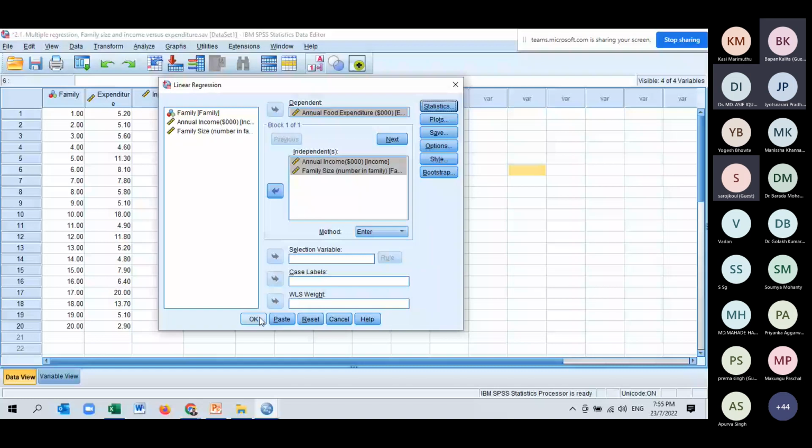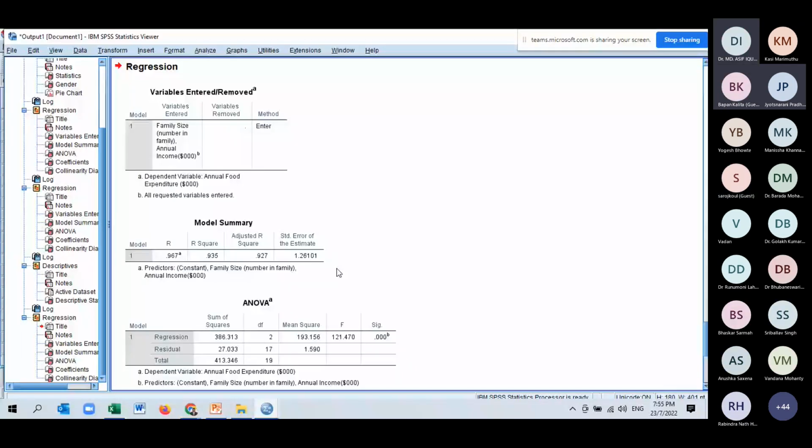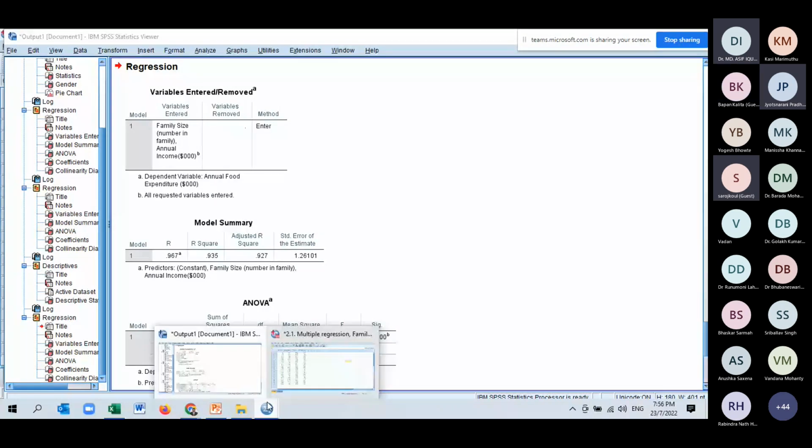Sir, can I ask one question? Yes, please. In this case, we have taken 2 independent variables and 1 dependent variable. Yesterday we also took the same variables, one dependent and 2 independent, but we analyzed with different methods.